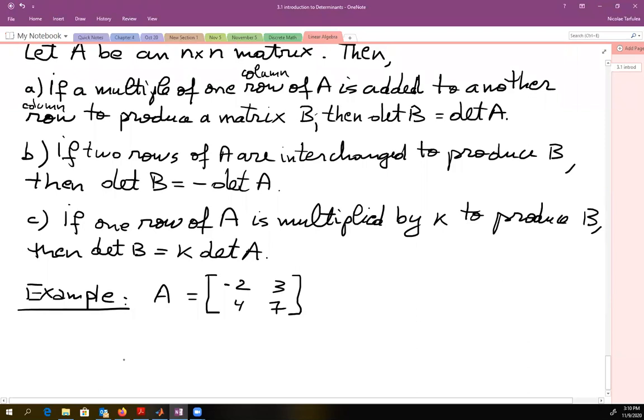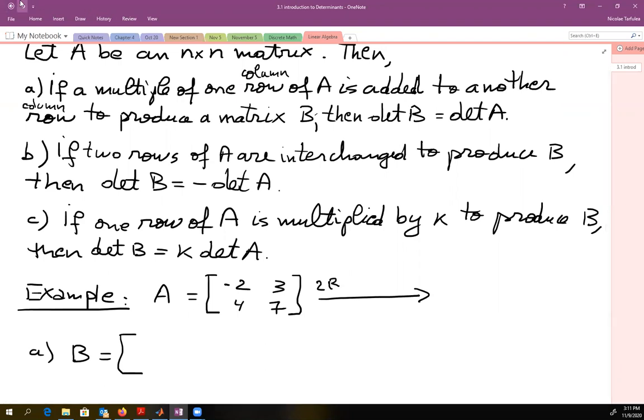So, okay, property A. Let's, for example, multiply by Q. I can multiply the first row by Q and add it to another row.